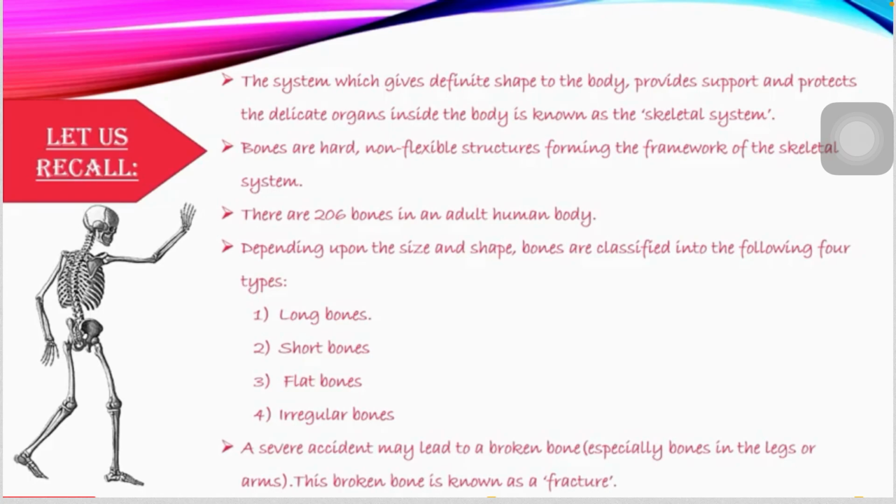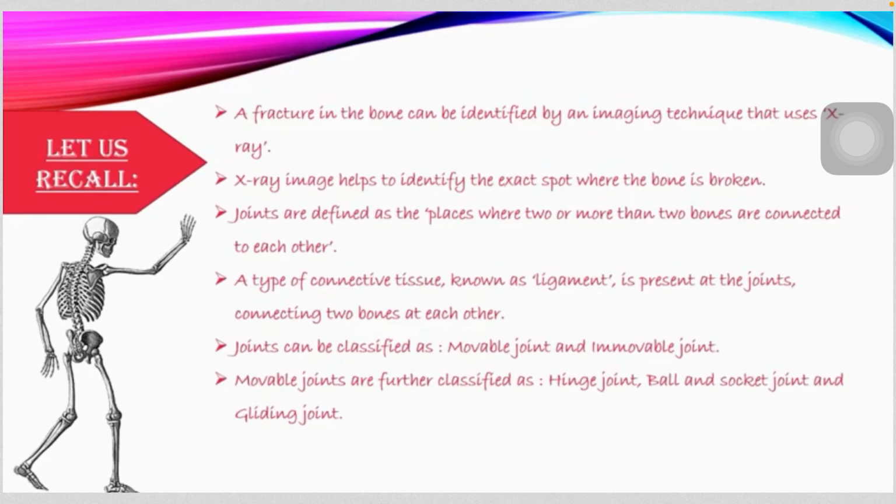A severe accident may lead to a broken bone, especially bones in the legs or arms. This broken bone is known as a fracture. A fracture in the bone can be identified with an imaging technique that uses X-ray. An X-ray image helps to identify the exact spot where the bone is broken.